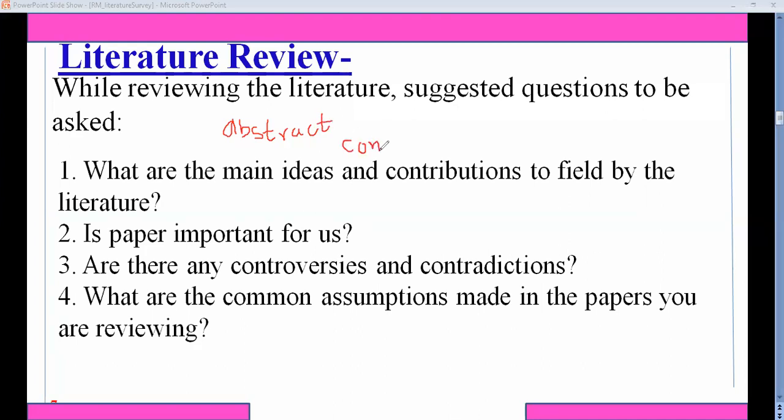The major things you will get in the conclusions.